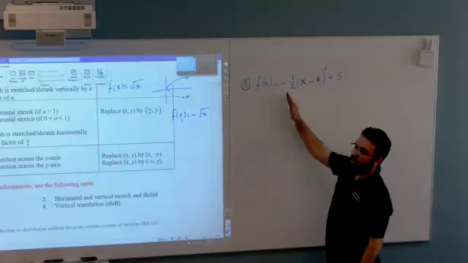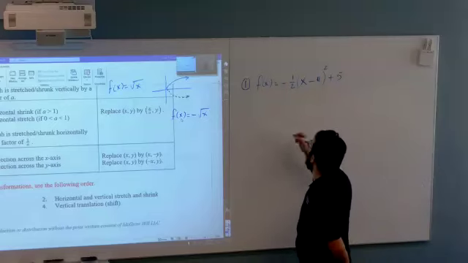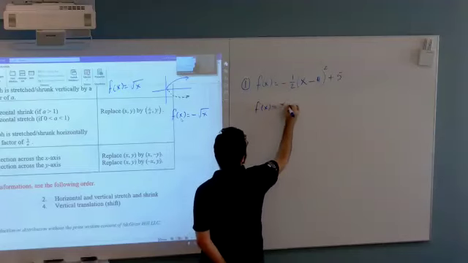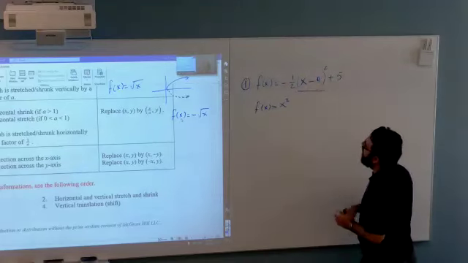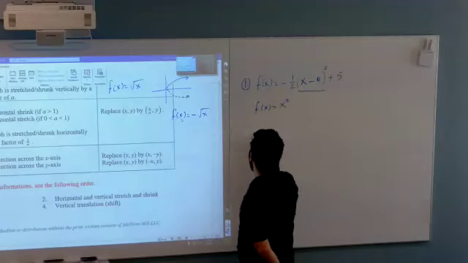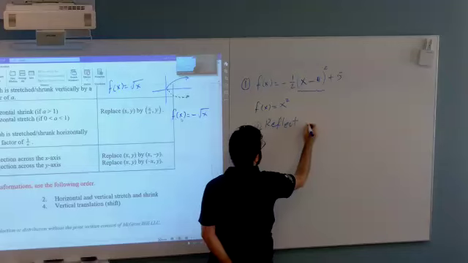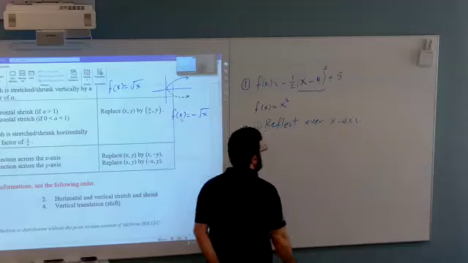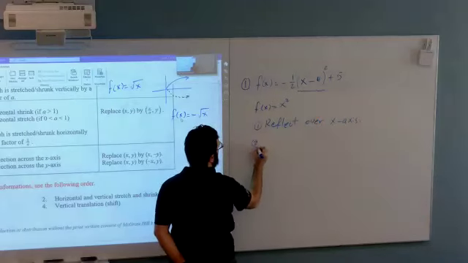First of all, where is the basic function? The basic function is x squared. If there's a negative sign outside the x squared, what's going to happen? Reflect over what? The x-axis. Okay? Now, if there is 1/2 outside, what's going to happen?